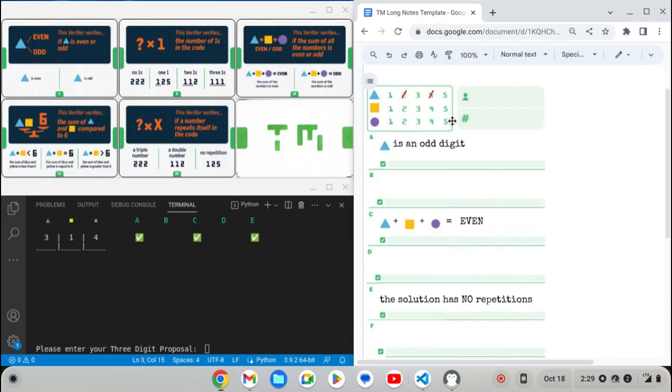Well, again, I don't see how the sum could actually be equal to 6, because even though we do have a card that tells us there's a single 1, there's nothing in the criteria cards that would let us pick between 1 and 5, like which one goes where. I don't see that. And again, that would mean that circle would be the even digit.